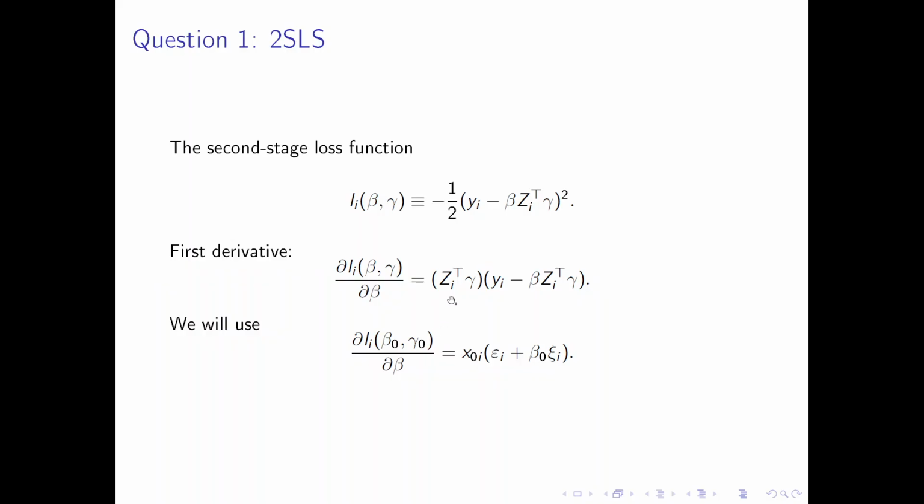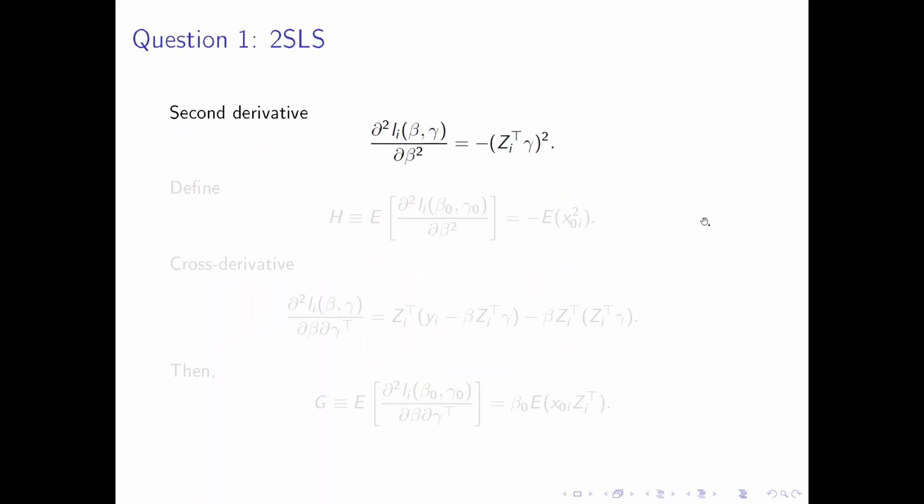So then I will replace gamma with gamma 0. Then this part becomes x0i, the correct fitted value. And this is the error term, the residual using the fitted value, which can be written in this way, right? In the class, I used u_i to denote this, but I will just keep it. It's not that difficult to handle.